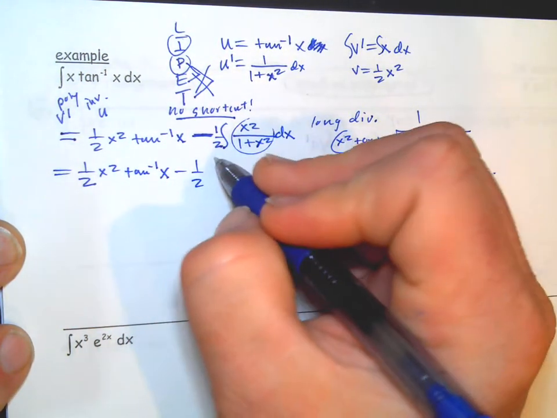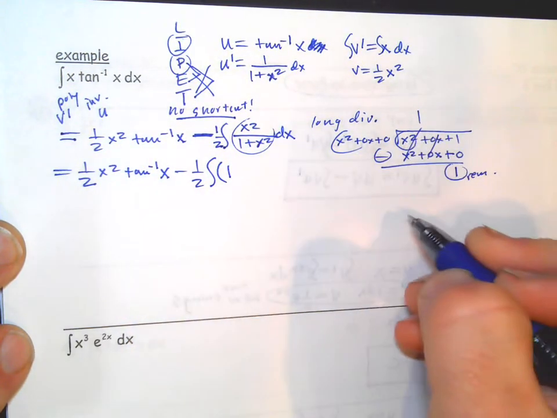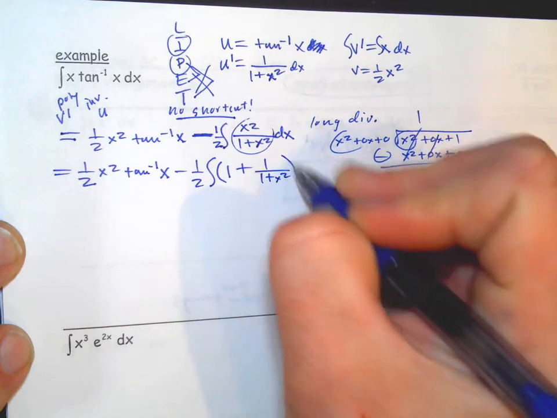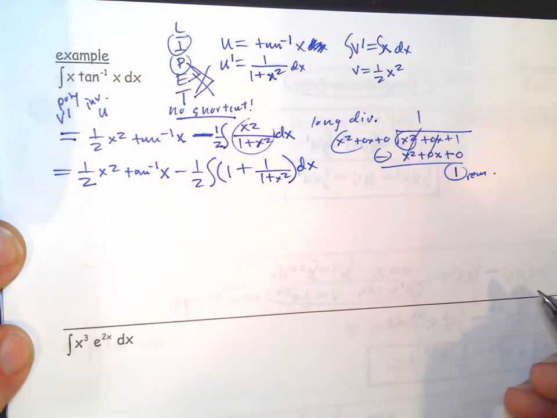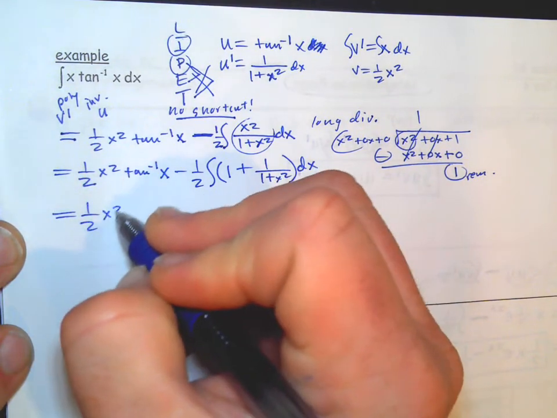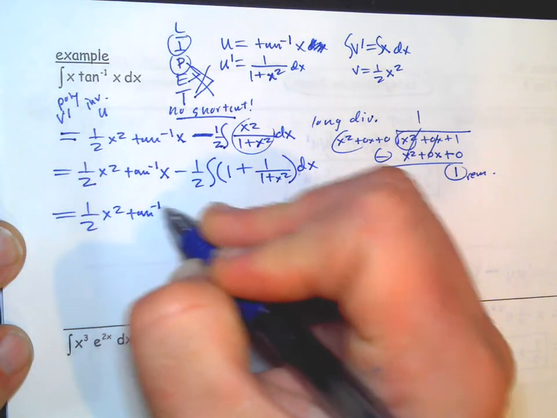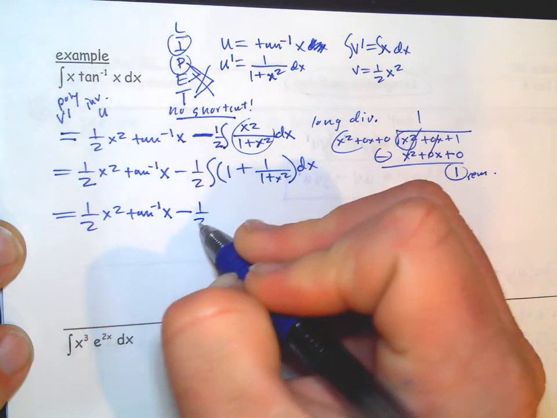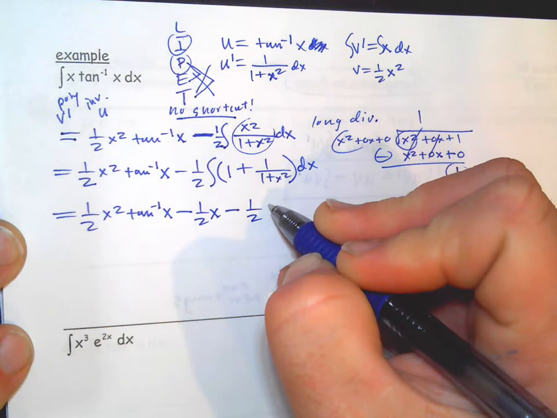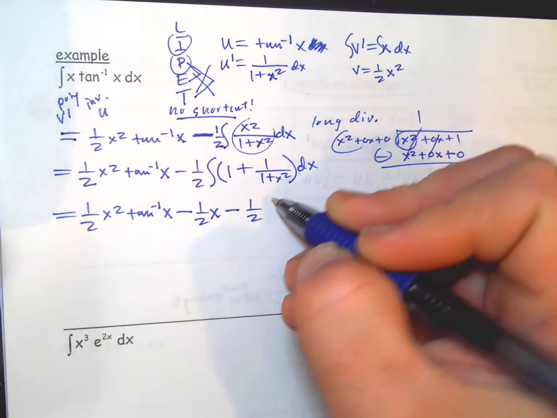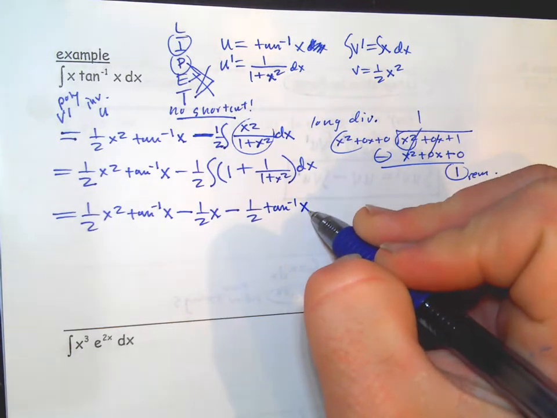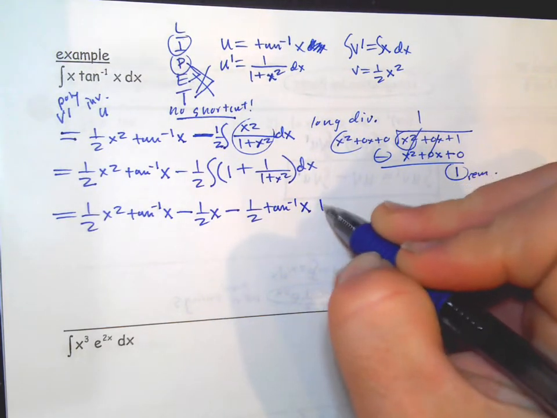But this is going to be 1 plus 1 over 1 plus x squared. We can integrate that. So it's going to be 1/2 x squared inverse tangent of x minus 1/2 x minus 1/2 inverse tangent of x plus c.